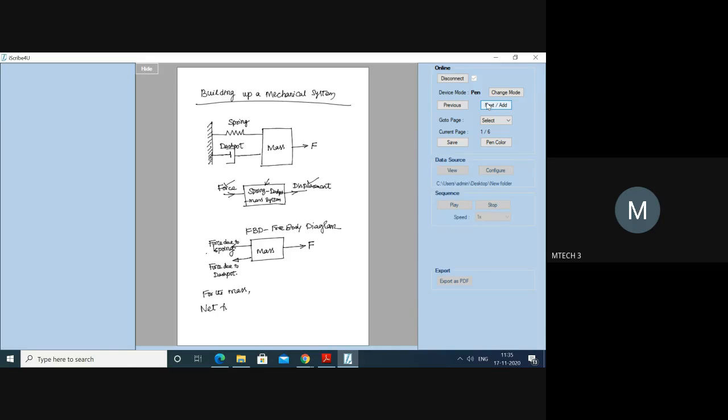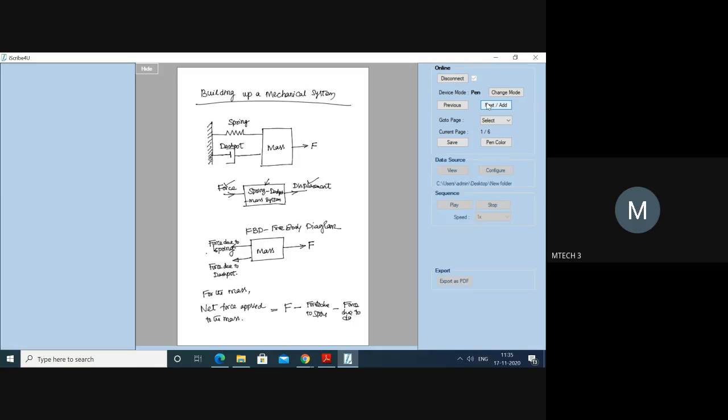Net force applied to the mass will be equal to force minus force due to spring minus force due to damping.